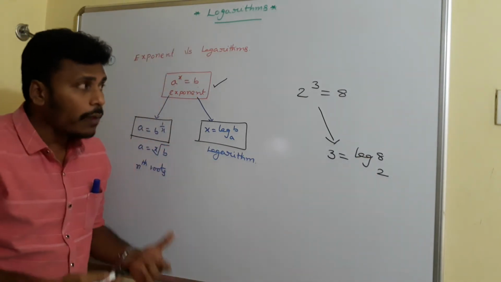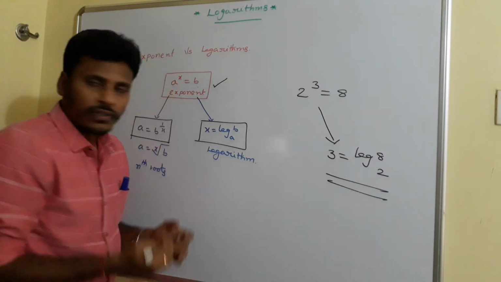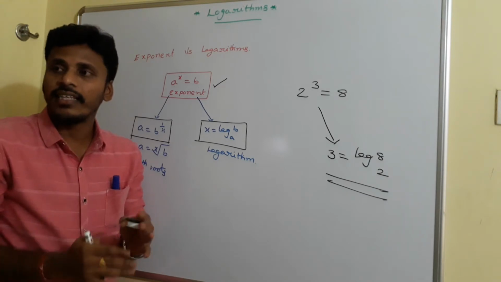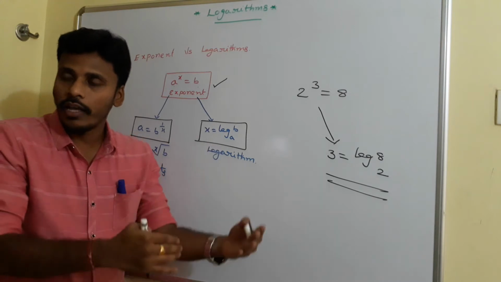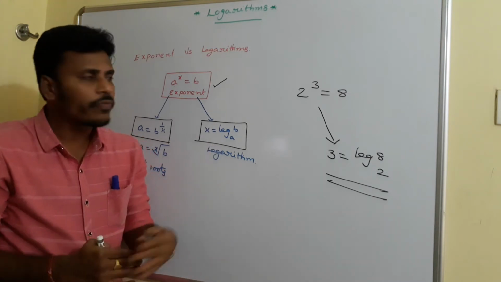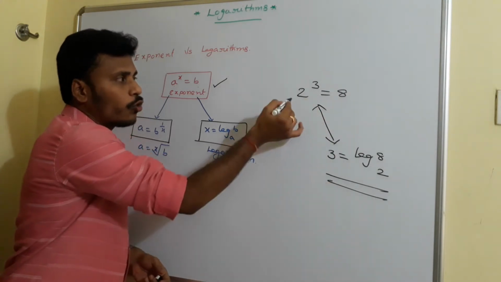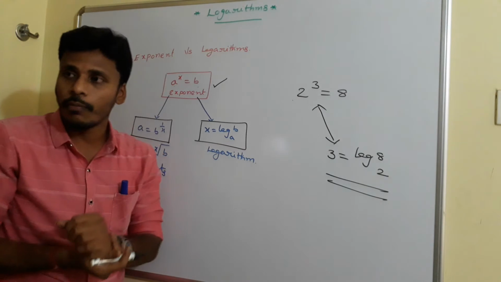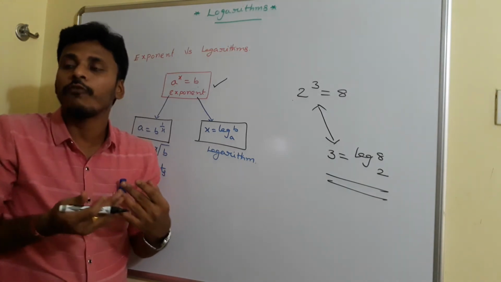So what I am going to tell you is, this way of notation is just a conversion for the exponent. Just like the conversion of sentences in English from active voice to passive voice, this is also a type of conversion. Both these statements, 2 cube is equal to 8 as well as 3 is equal to logarithm of 8 base 2, convey the same meaning for us.